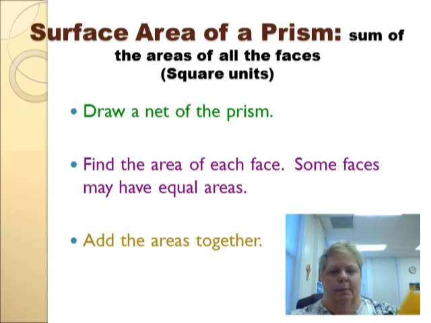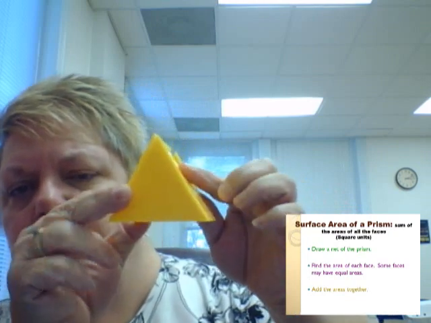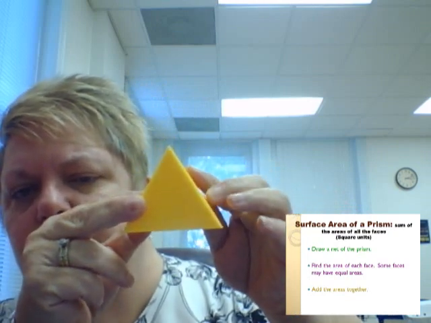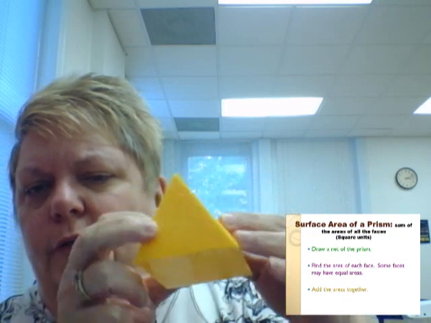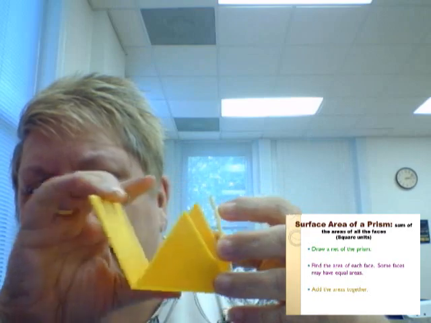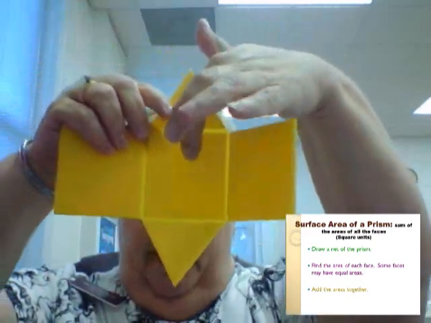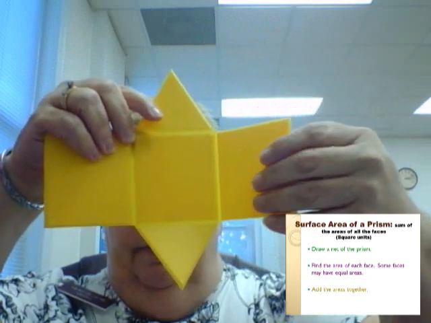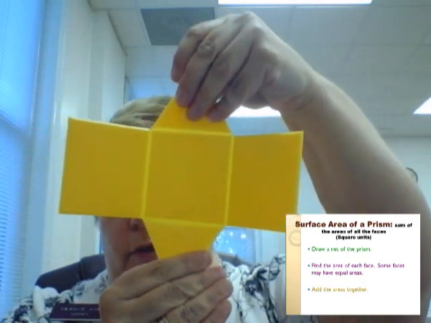Here would be an example of a prism that is not 6 sides. This is a triangular prism. All the other sides are rectangles, so it is a prism. And if I opened this up to be a net, you would see that I would have the bottom and the 2 sides and the 2 triangles.